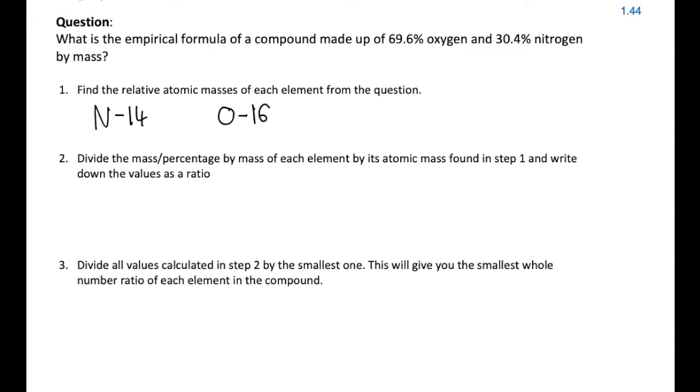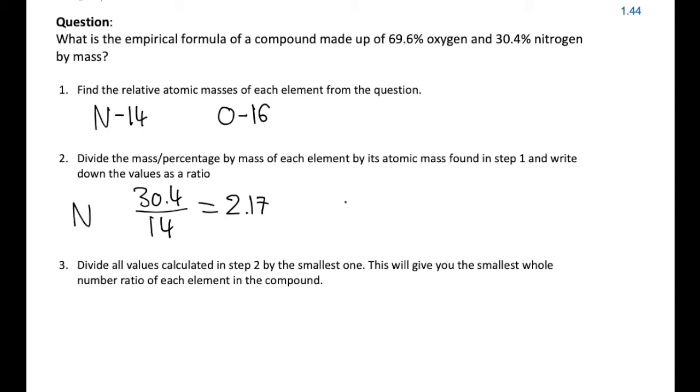And the reason we need these numbers is because in the next step, we divide the percentage by mass values that we're given here for each element by their relative atomic masses. So for nitrogen, we divide 30.4, which is the percentage by mass, by the relative atomic mass, which is 14. And we get this number here.